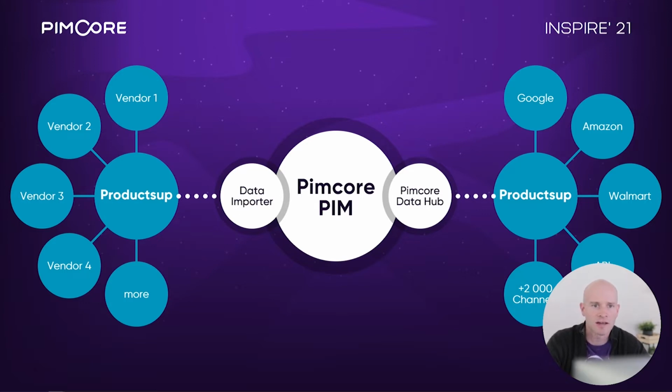And then, finally, you can use the Pimcore Productsup integration via the Data Hub to push back the data to Productsup and syndicate it to all the different output channels, to classic ones and also new ones like, for example, TikTok and the likes.